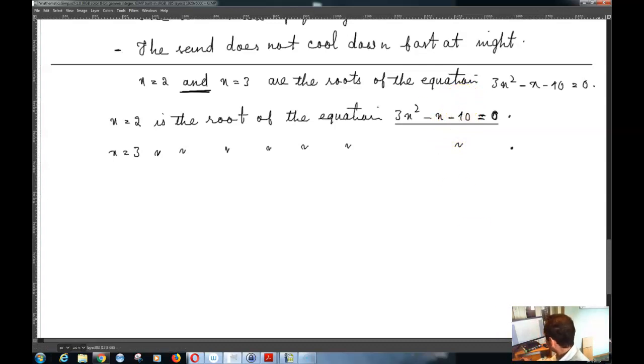Now the second part, question number 2 here is identify the quantifier in the following statements and write the negation of the statement. So you want to identify the quantifier.